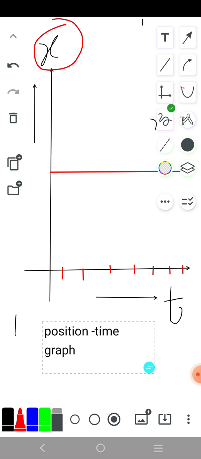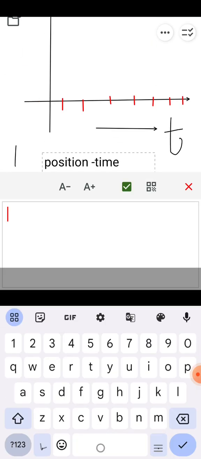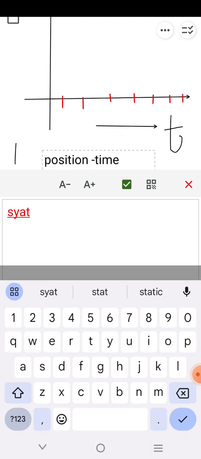Now here you observe, whenever the object is stationary, for a stationary object the position time graph will be like that.